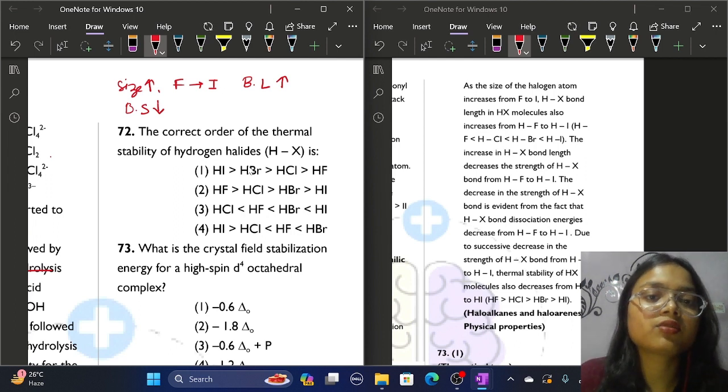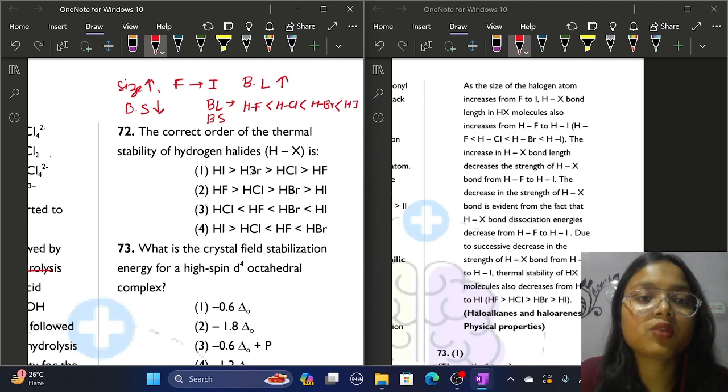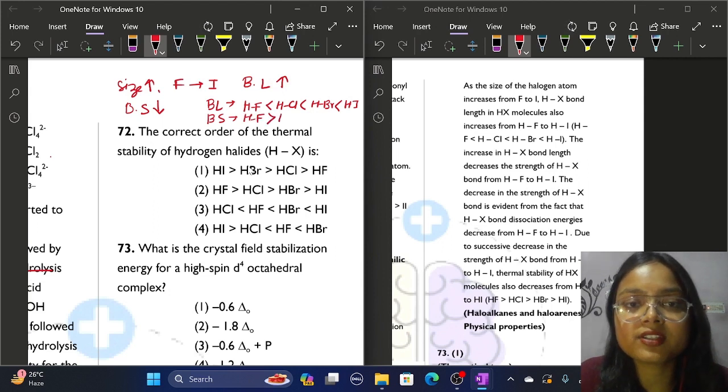Okay, let's write the bond length order first. The bond length increases, which means that HF will have the least bond length, then HCl, then HBr, then HI. This will be the order for bond length. So what will be the order for bond strength? It will be opposite, HF will have the greatest bond strength, then HCl, then HBr, then HI.